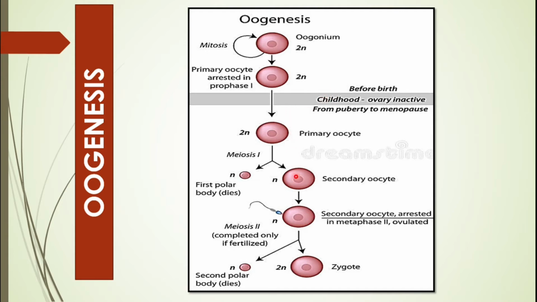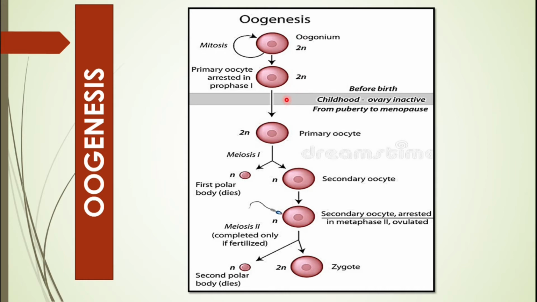The next phase is called the maturation phase. The first is the multiplicative phase, which happens from the fetal stage till birth.